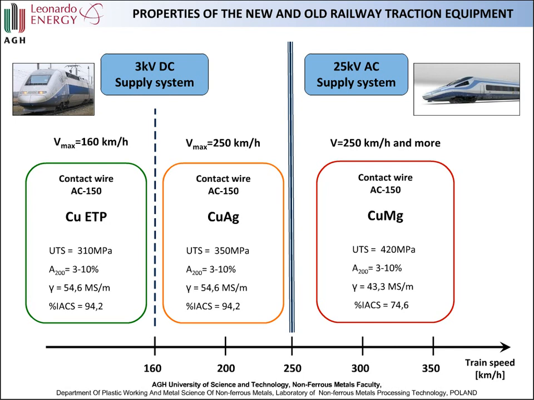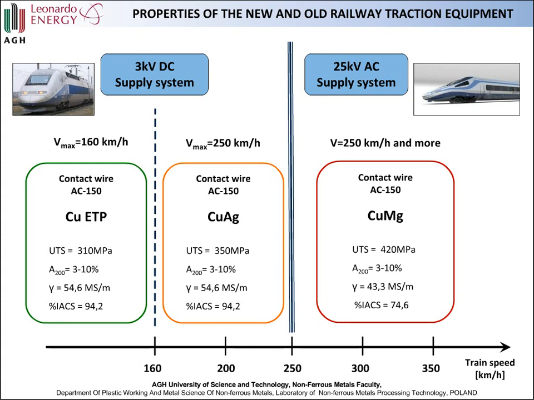For the same supply system, but with increased speed up to 250 kilometers per hour, a copper-silver material is used most of the time, as it has the same level of electrical conductivity as CuETP copper, but also increased mechanical properties. The ultimate tensile strength is 40 megapascals higher than in CuETP.